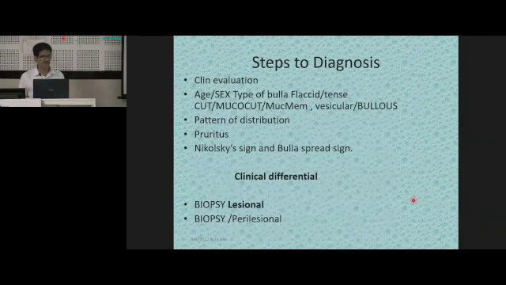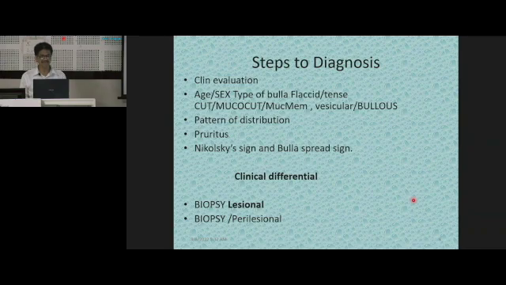Now, steps to diagnosis. Previously also we have seen that clinical evaluation, age, sex, and type of bulla, flaccid or tense, are important indicators. Then whether it is only cutaneous, mucocutaneous or mucous membrane involvement, all these findings are noted by the clinician. Whether they are predominantly vesicles or bullae, and the pattern of distribution, is specific for a specific condition.